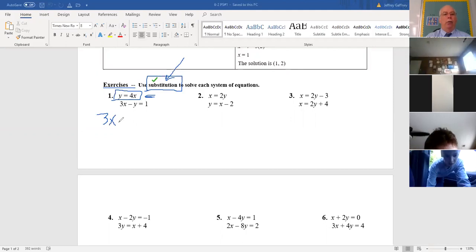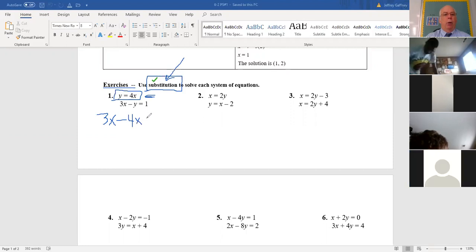Since I know y equals 4x, I'm going to substitute that 4x for the y, equals 1. All I did is substitute that 4x for the y, because in that first equation y equals 4x. Now I've got what I wanted: one variable to solve for.